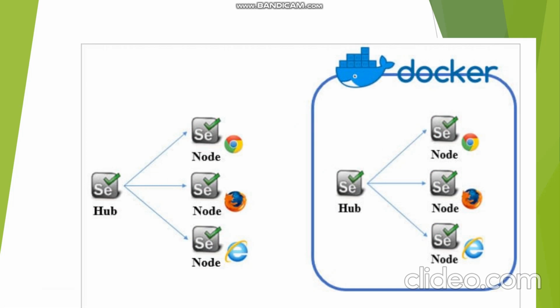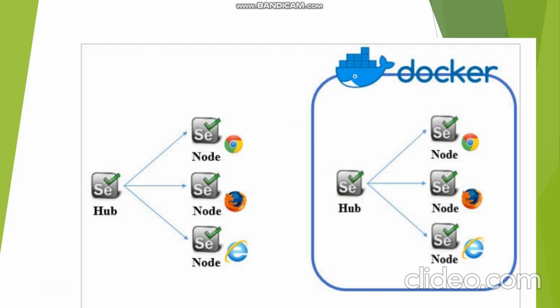Coming to the right side, which is Selenium Grid with Docker, the same configuration is there: the hub is connected to different nodes, but each node is a container in itself. These are not physical machines. Every node is a container, and even the hub is also a container.